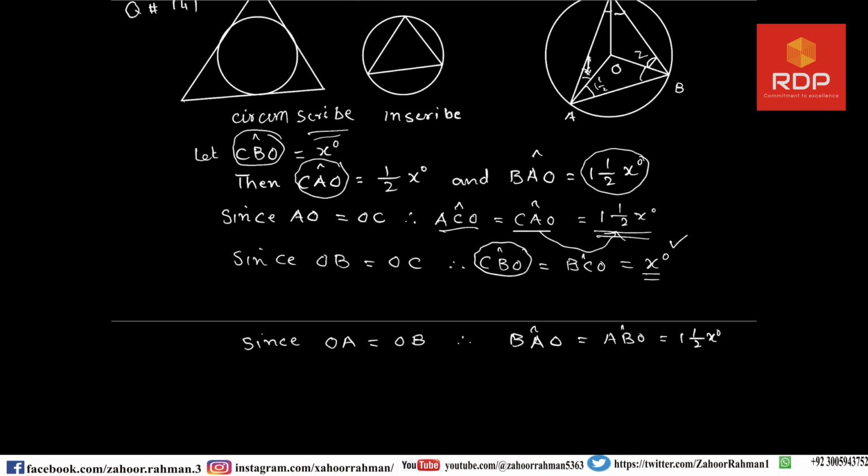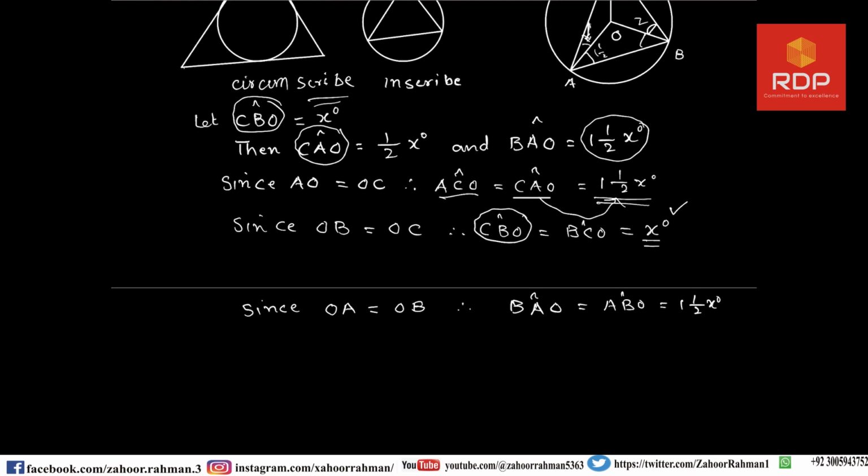These are the information. So let us now come to the actual scenario: CAB plus ABC plus BCA is equal to 180 degrees, the angle sum of a triangle.